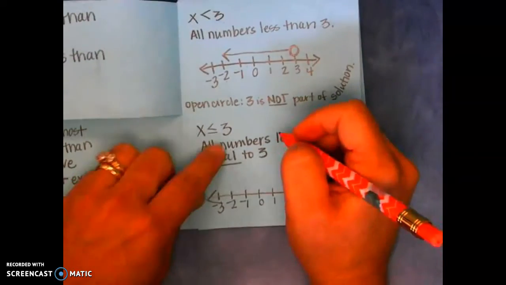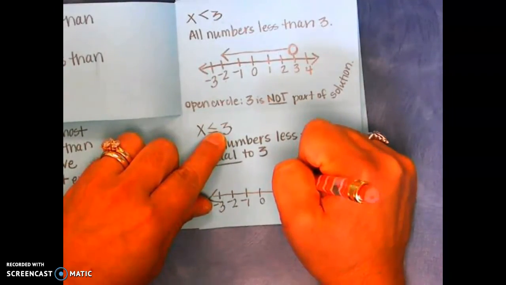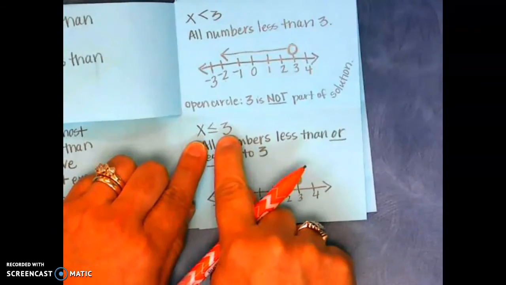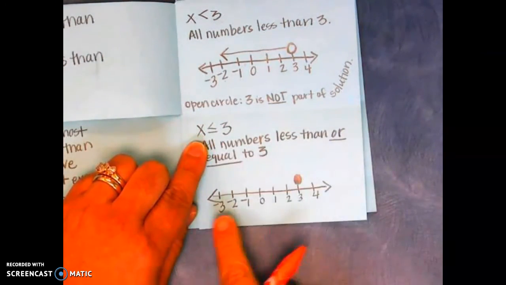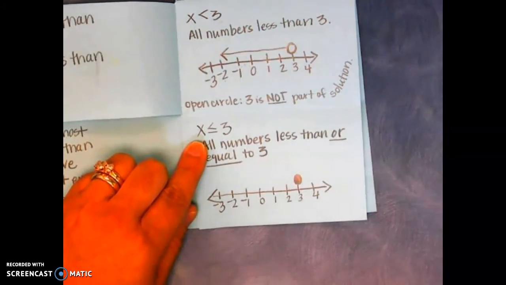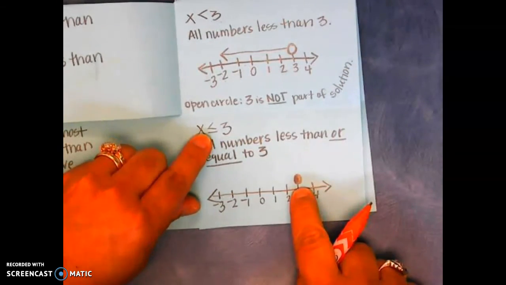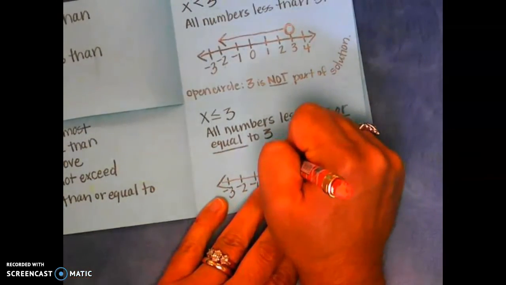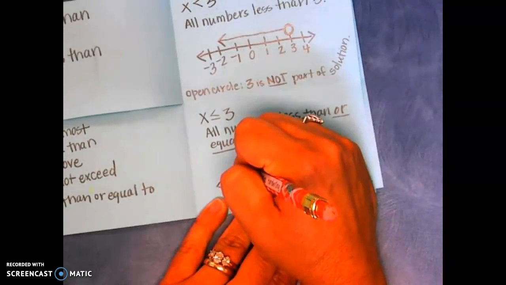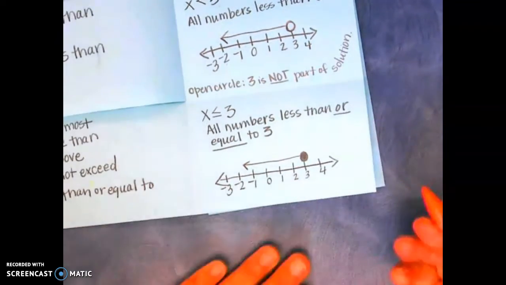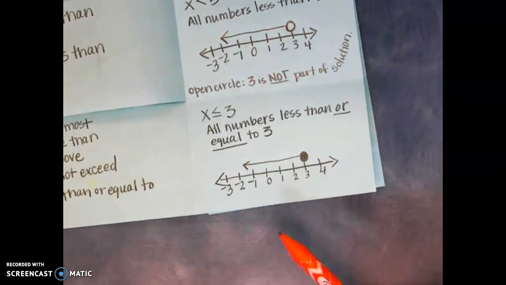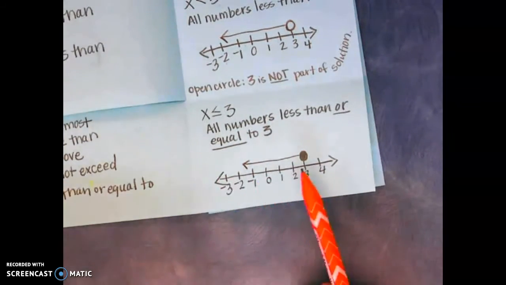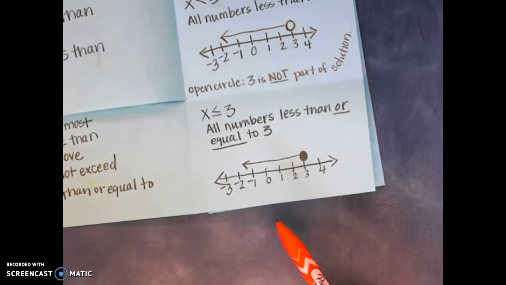And that closed point is going to go on the 3, again, because 3 is the number that's in my inequality statement. If that number changes, then the point goes somewhere else. It goes on the number that's given. The closed because of the equal, and then the less than means numbers that are smaller. So I'm going to go ahead and draw that arrow all the way to the left here. And now my solutions are 3 and everything under the number 3, all the way down to negative infinity.